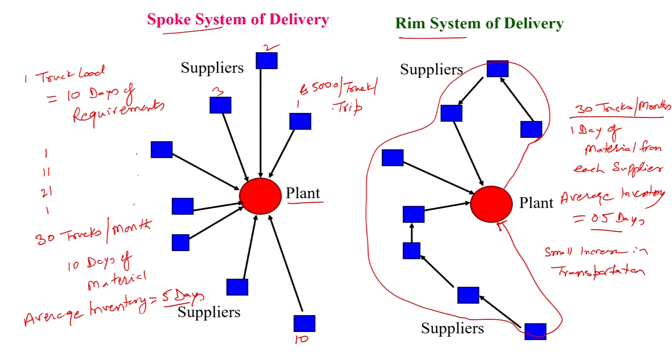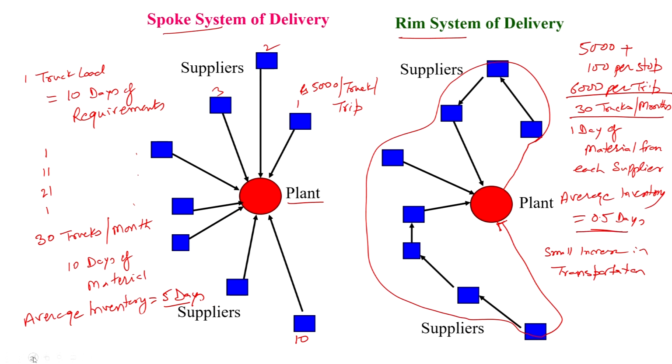Here it would be 5,000 plus 100 rupees per stop. So, he is stopping at 10 different places, and the truck cost may be 6,000 rupees per trip. So, there may be a small increase in transportation cost, but a substantial reduction in inventory cost.